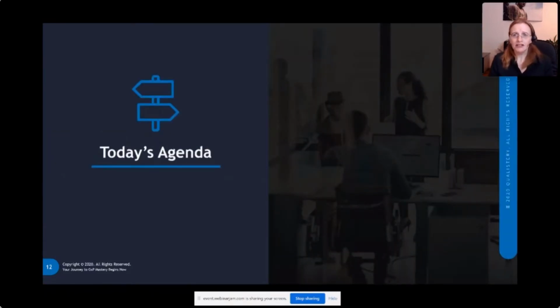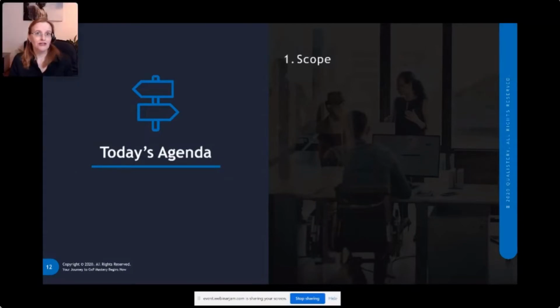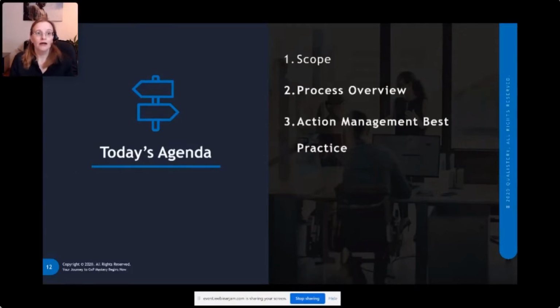The other things that we're going to cover today: the scope of your action management system. I'm going to give you a process overview, how I think you should be managing each stage of your action management, your best practice, and I've got some hints and tips for you. I haven't got everything.